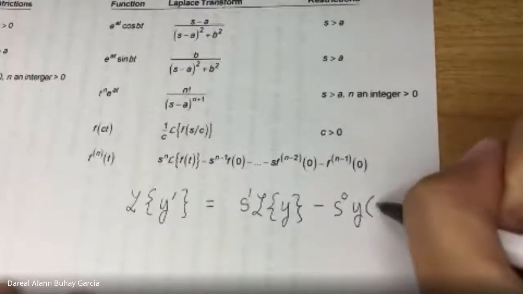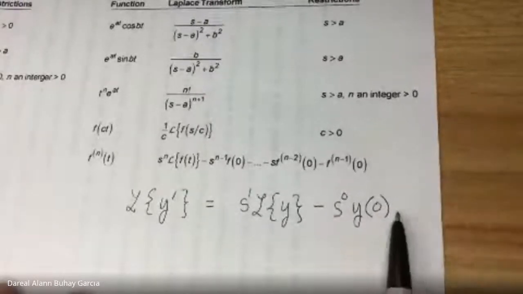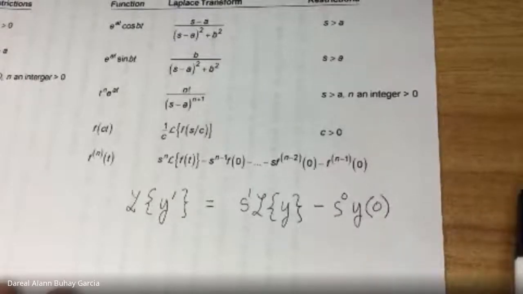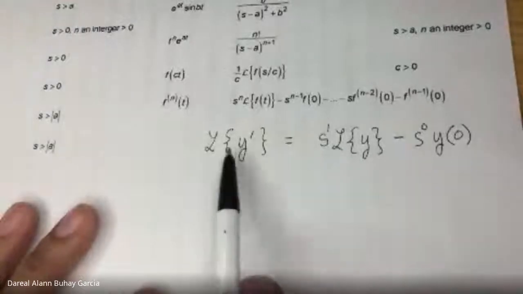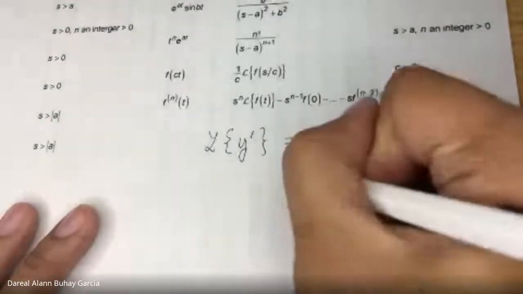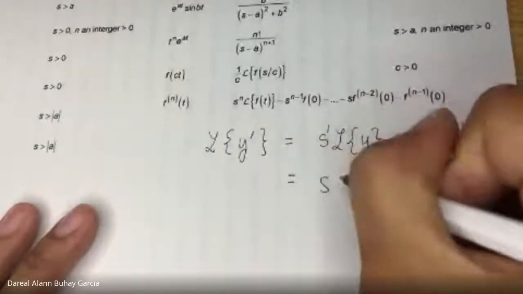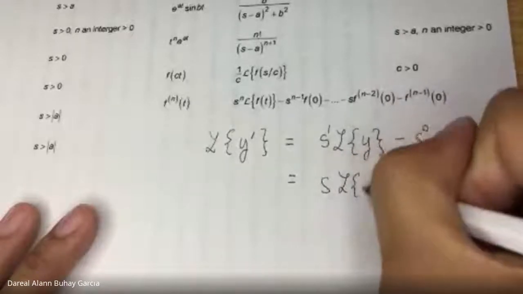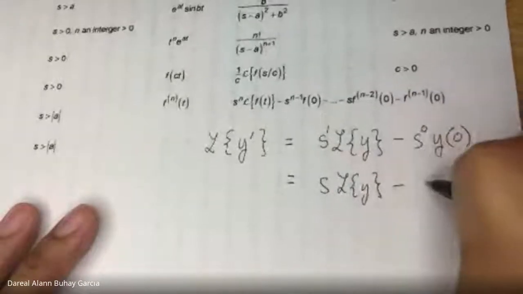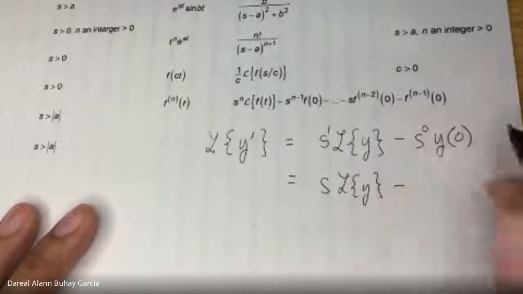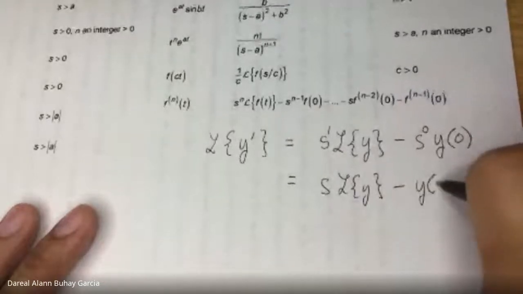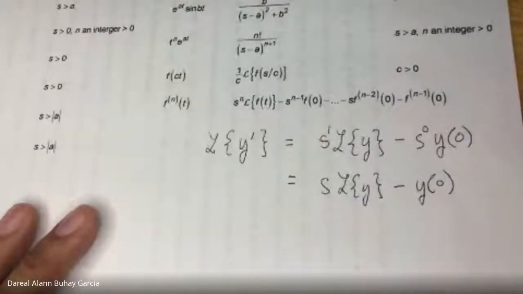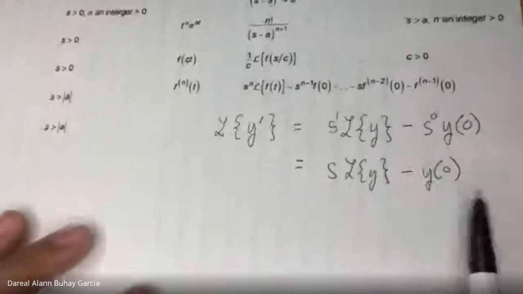Kung napan niyo mabilin, y prime na din sunod, no? So ato ni simplify. This is s times the Laplace of y minus s to the power of 0 is just 1. So y of 0, which is the initial value condition.